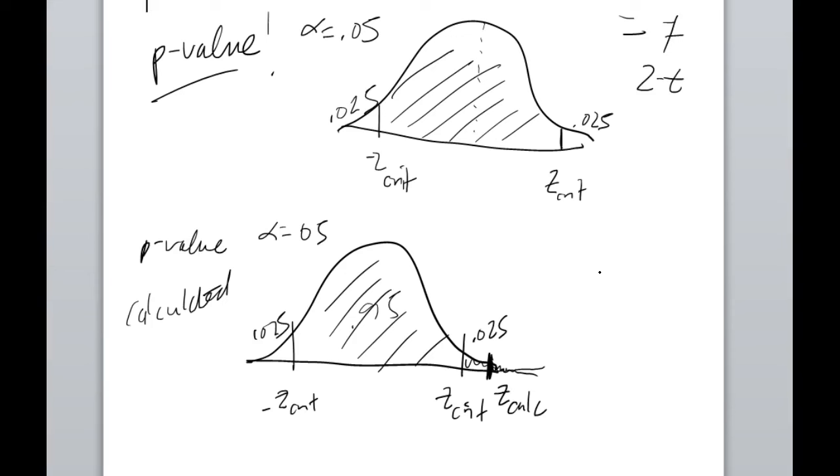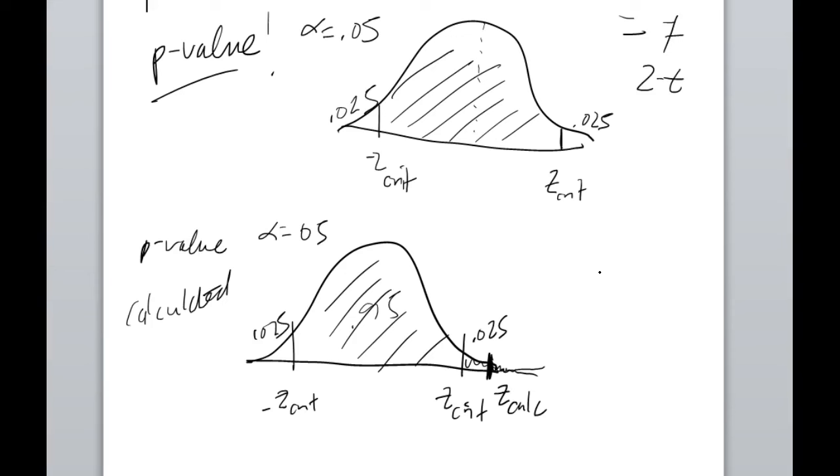So the z crit and the alpha level, that's the probability of being wrong prior to us running the test. Now that we've calculated a value, that tail value is going to be the probability that we were wrong in our conclusion from the test, based upon that calculation.